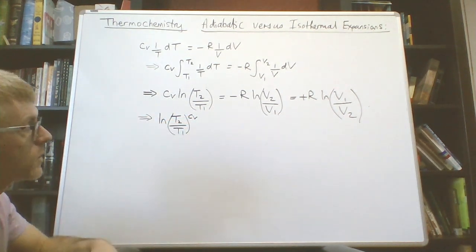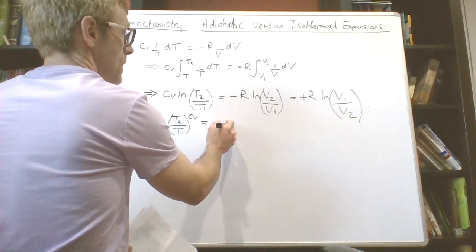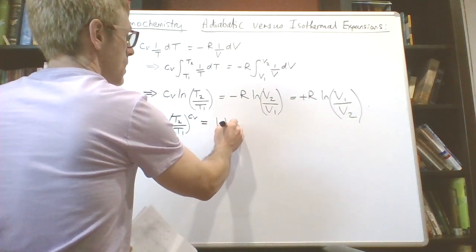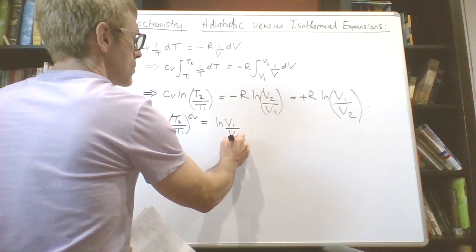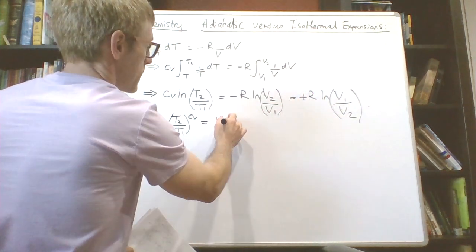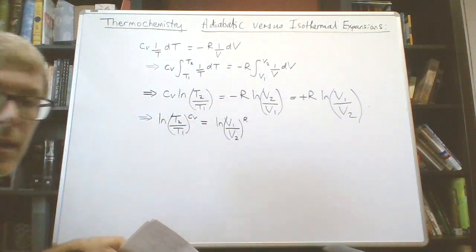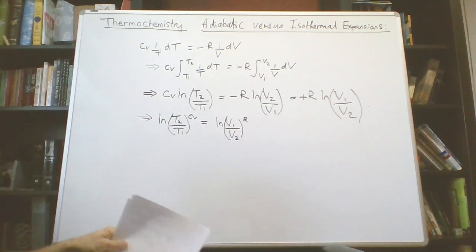That's just one of the things we can do with logs. Equals log V1 over V2. So I'm looking at this one over here. And again, I've got a coefficient, so I can write it as an exponent. So log V1 over V2 to the R.